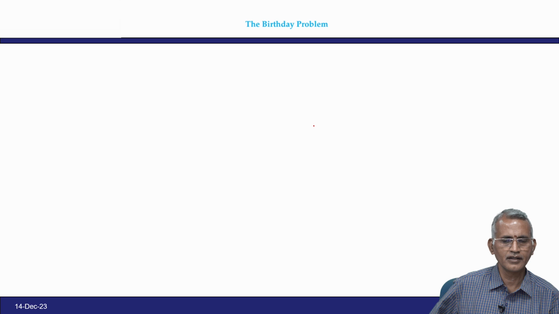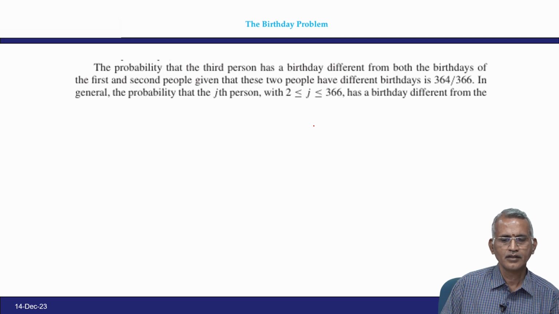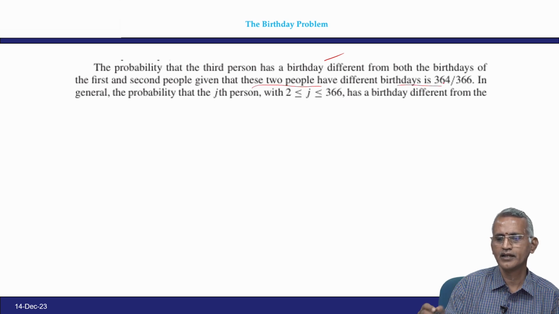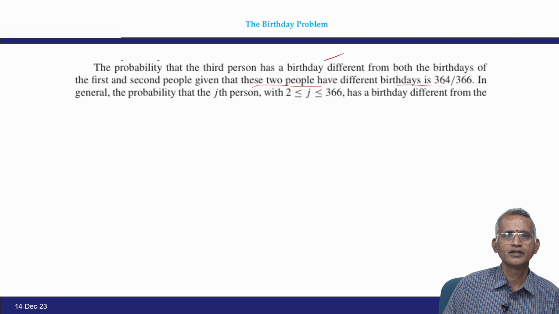Now, keep in mind that the probability that the third person has a birthday different from both the birthdays of the first and second people, given that these two people have different birthdays, is 364 by 366.